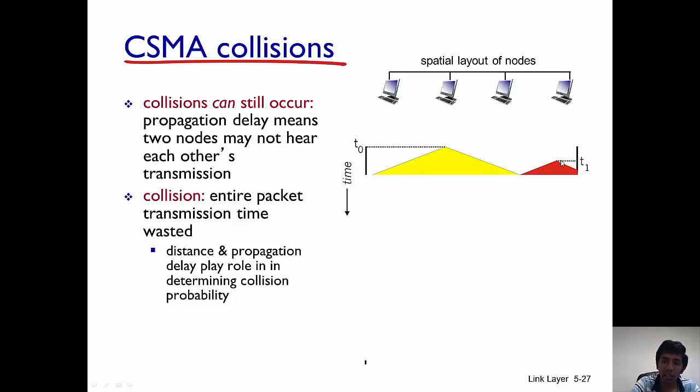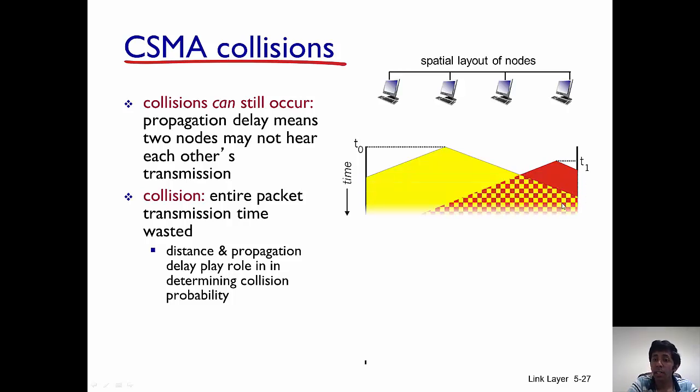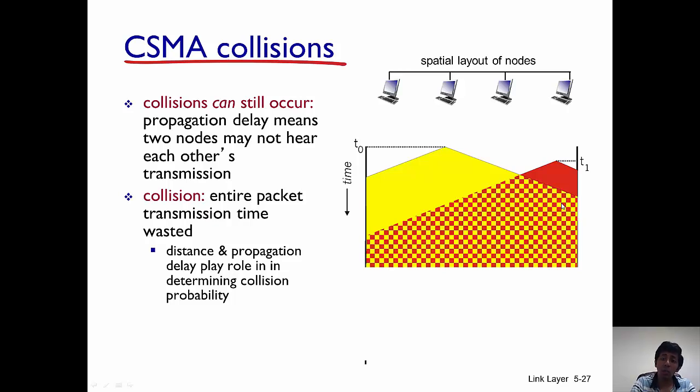Both these packets are going to collide in the air. Though both nodes tried to do carrier sense multiple access, the packets collided in the air, and none of the transmissions were successful. So the important point to take away from CSMA is that though you do carrier sense, you can still have collisions.